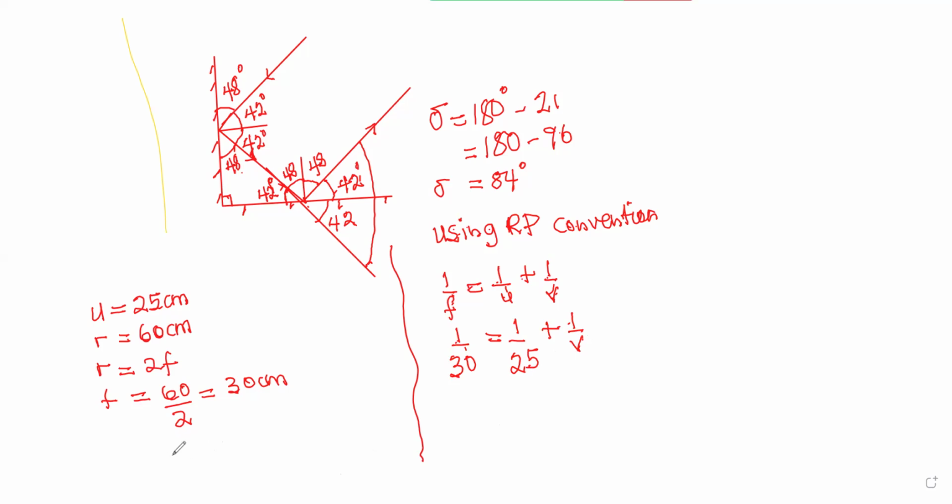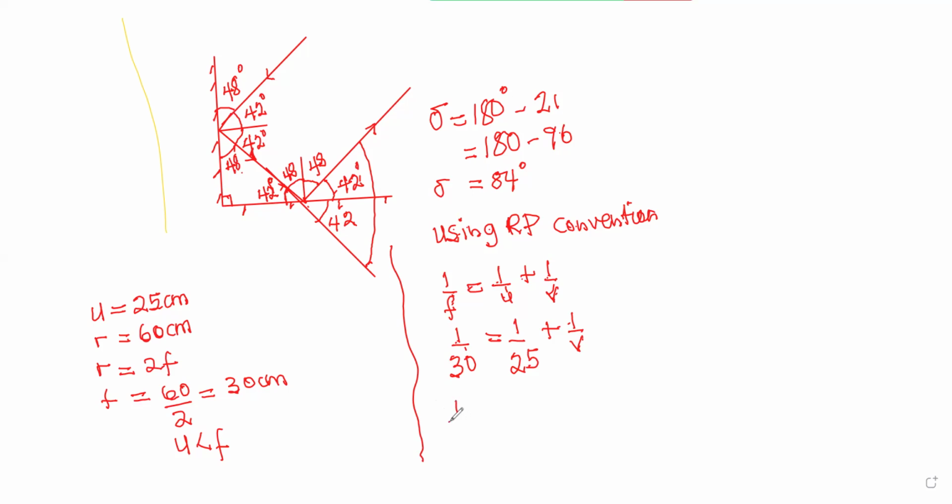U is less than F. F is 30, U is 25. Because object distance is less than the focal length, the image will be virtual.